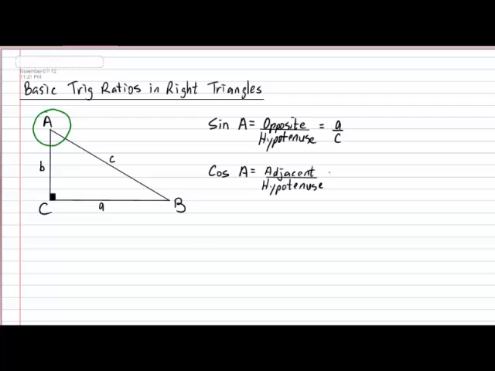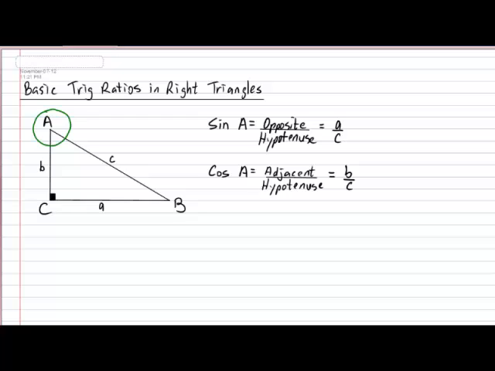And again, if we were to use the variables that I've set forth in our diagram, the adjacent side to angle A is denoted by side B, divided by our hypotenuse, which is again denoted by the letter C.